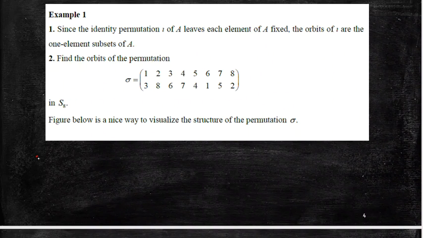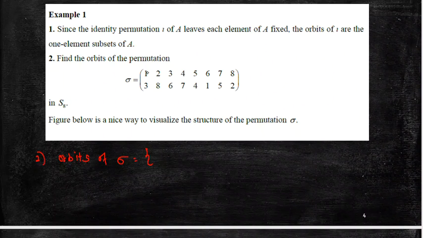We write each orbit in brackets, because it is a class of the permutation.